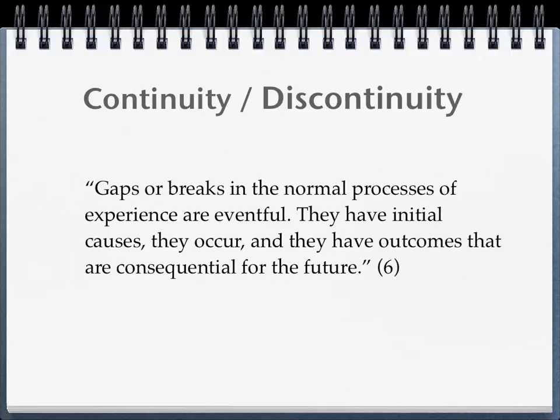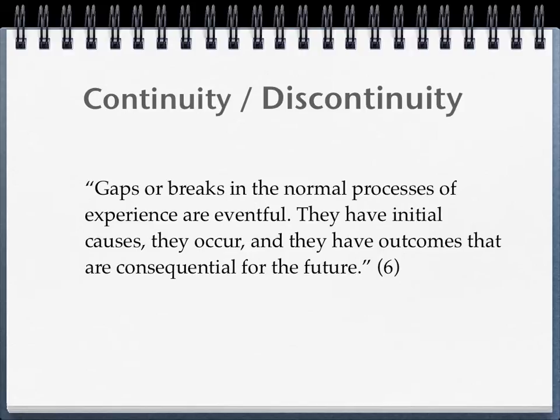Now, the thing that we notice about processes is that they tend to be continuous. Most of our life, we're surrounded by continuous processes. The sun rises, the sun sets. In between, we might have rain, we might have snow, we might have windstorms. But the continuity is that thing that happens when everything goes along in a way that it should, in a way that we expect it to.